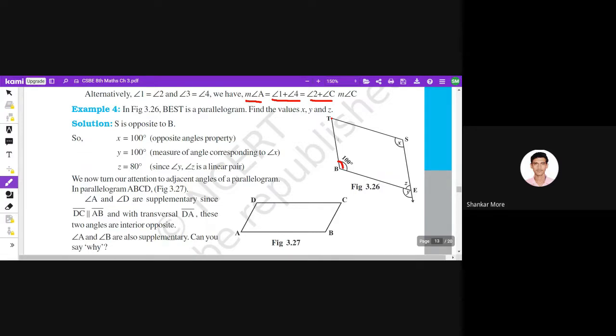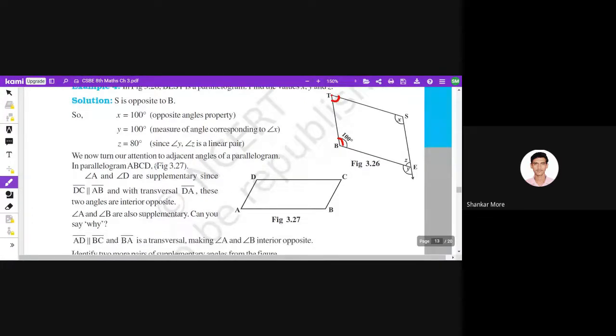Now let's go one step further, and what will be the measure of this angle, angle t? एंगल t की वैल्यू क्या रहेगी स्टूडेंट्स? 80 रहेगी, exactly, क्योंकि this is the opposite angle of z. So अगर z का measure 80 है तो t का भी measure जो है वो 80 ही रहेगा.